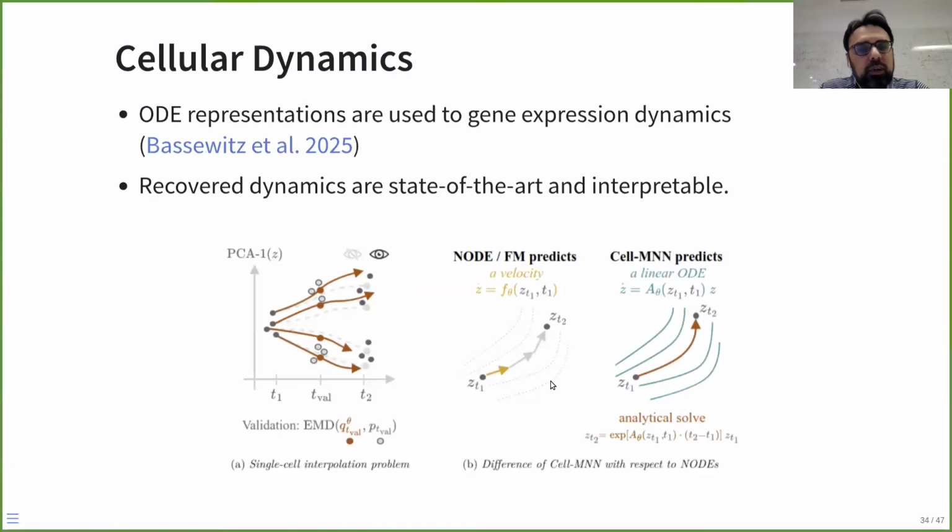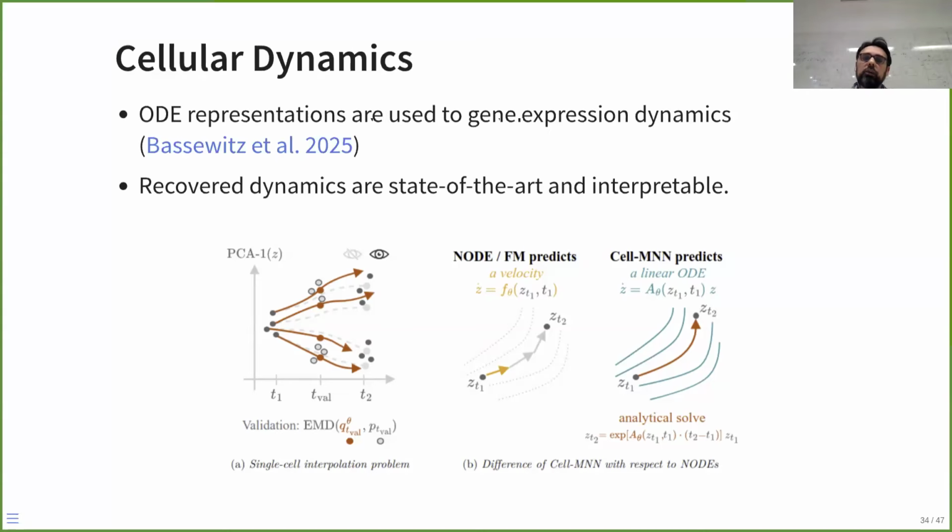Right. Another example of prediction is in biology, where you can use ODE representations for cellular dynamics. This is recent work with a student in our lab. The problem is that you want to predict cellular fate. What that means is that cells start in some state, let's say they're stem cells, and then they evolve, or differentiate, into some differentiated cells.